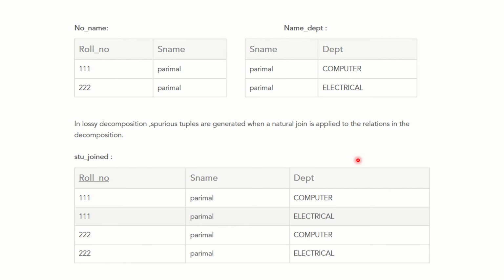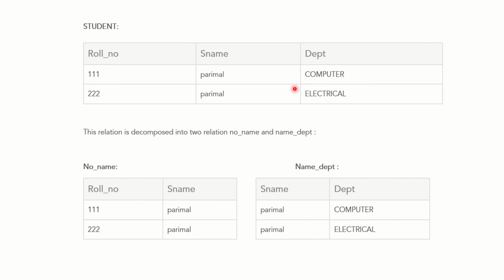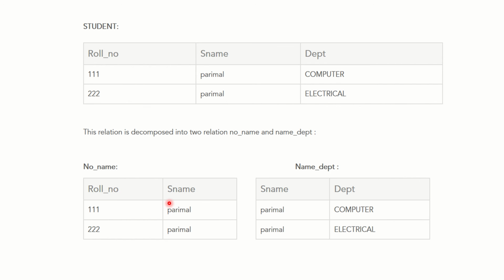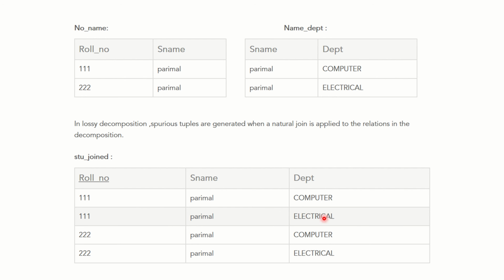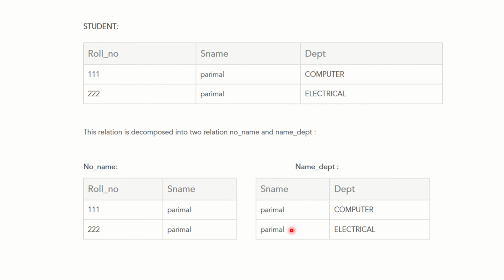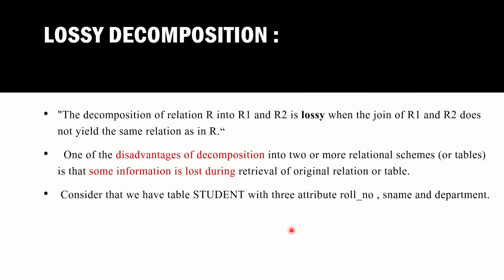So in the case of lossy decomposition, if you are dividing like this, you will get tables like this. In the original table there were 2 rows, but if you divide into these subtables and try to find out the natural join, you will get 4 rows. 2 rows are extra from the original table. So this is the meaning of lossy decomposition.